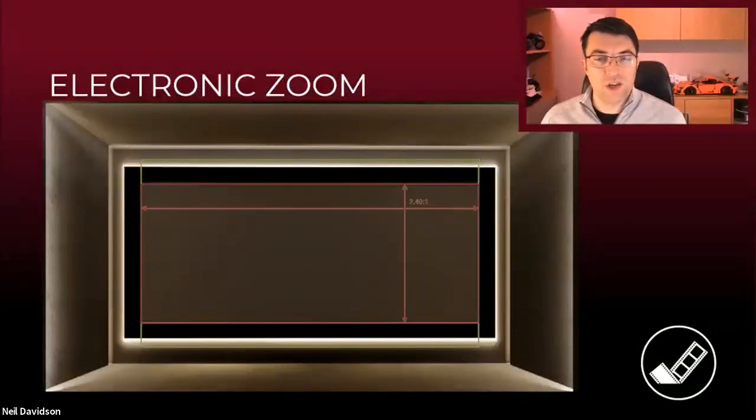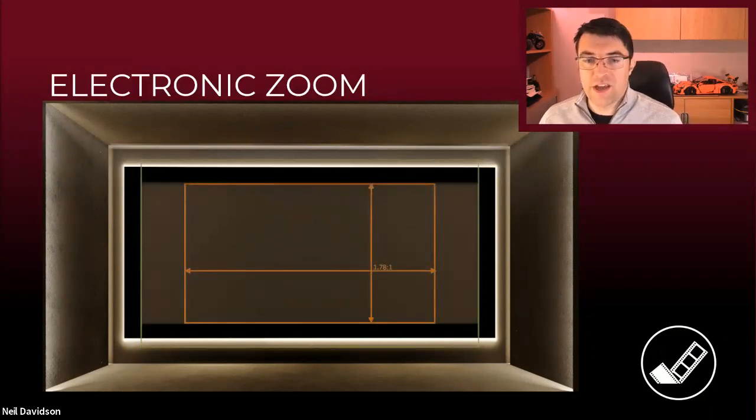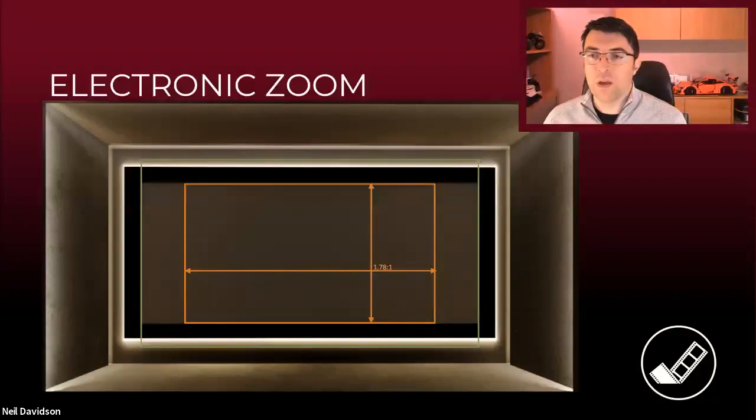What we're going to use is electronic scaling to size the image to fit within the screen. Something like that. So the green frame, that represents the actual projected output. As you can see, that's still overscanning, as we discussed already. But now the 1.78 aspect is being shown clearly inside the screen.